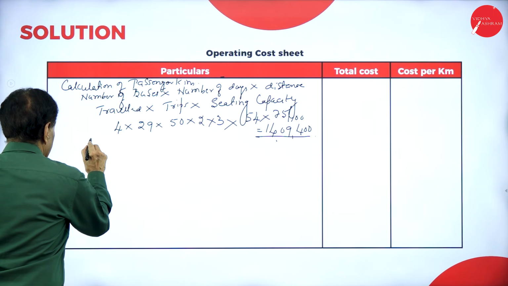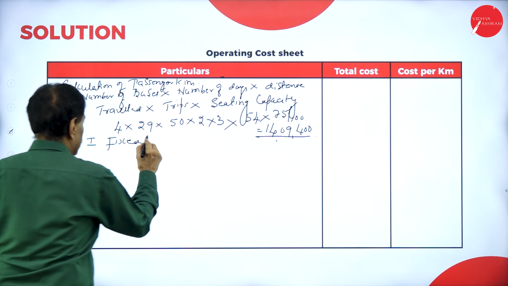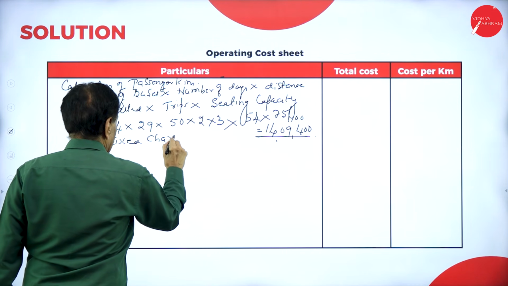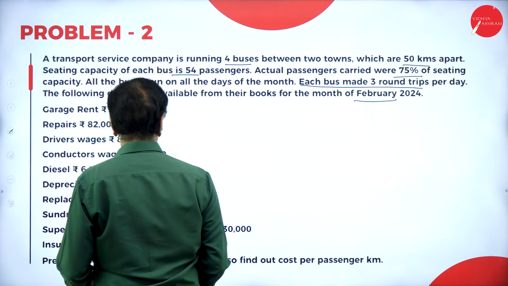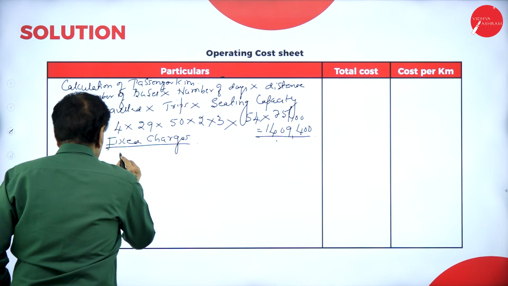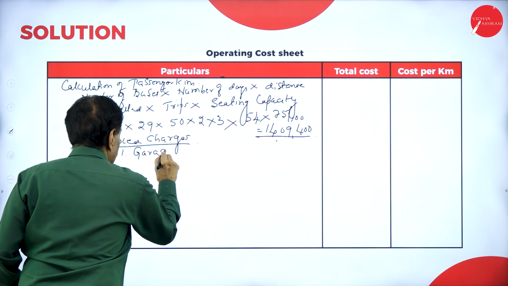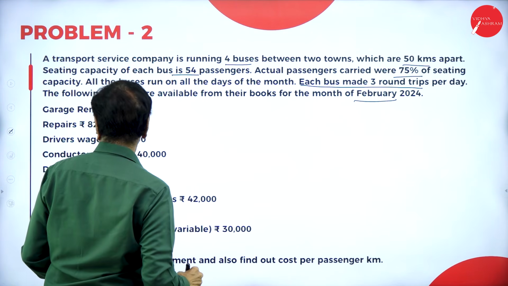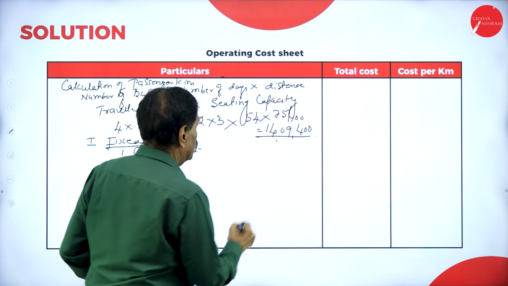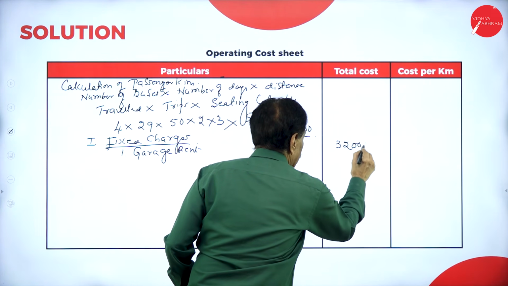Fixed charges, number 1. Garage rent 32,000, fixed.